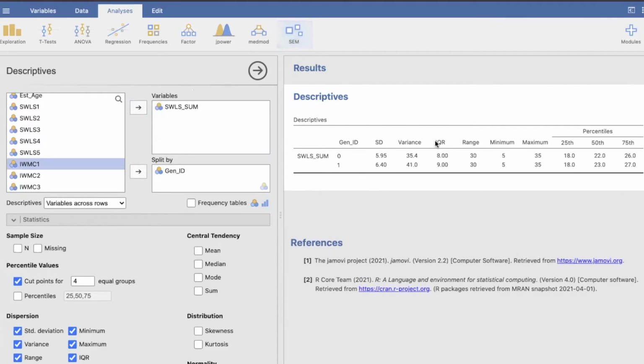You would see here that the standard deviation of the Gen Zs is not as spread as it is in Gen Y, because you would see the SD and the variance are higher. Even the IQR is higher between them, and the median is also different between the two of them.